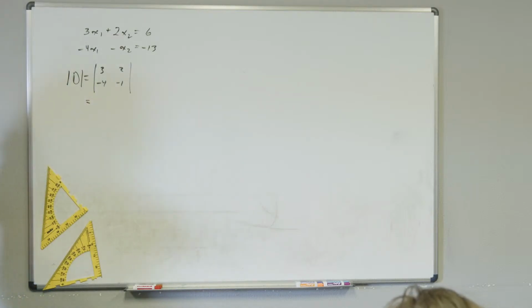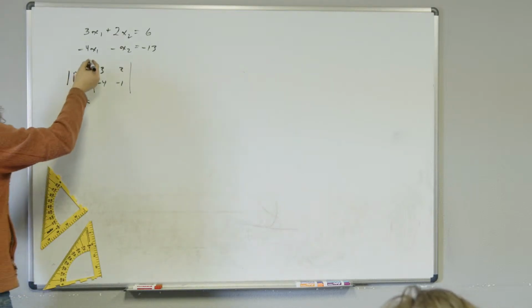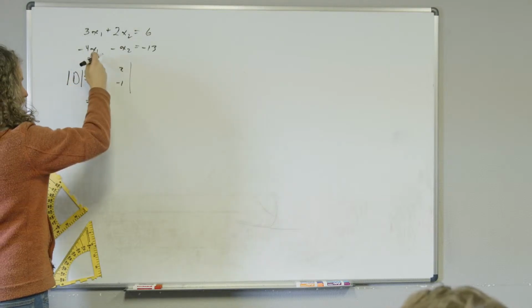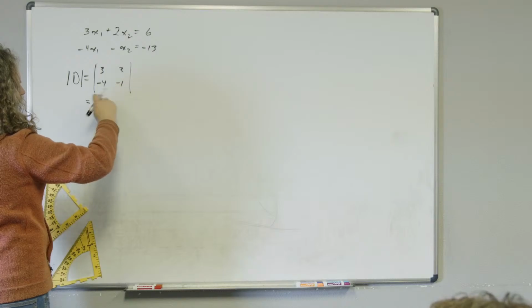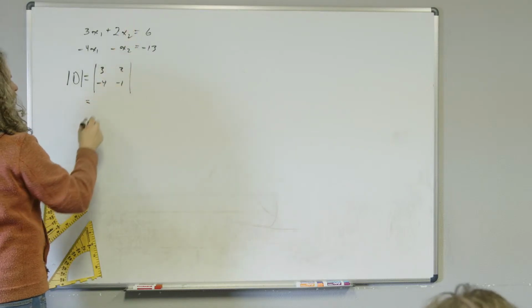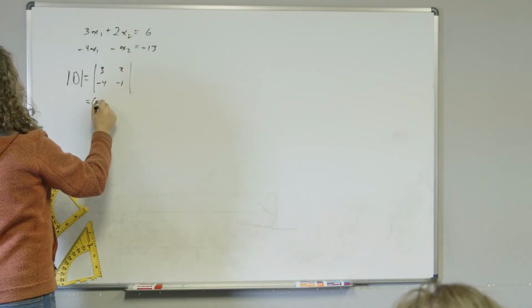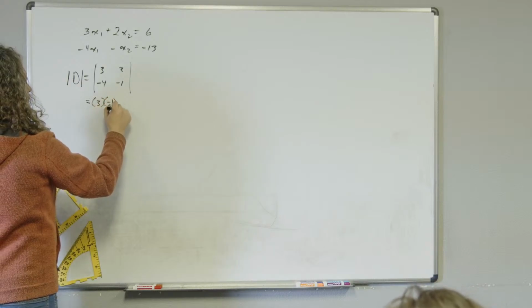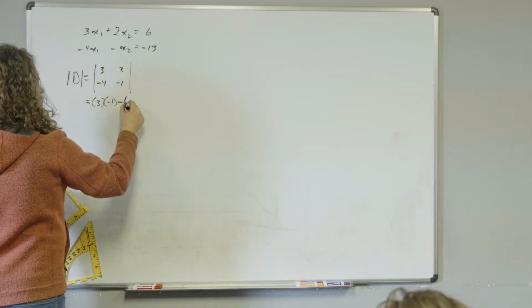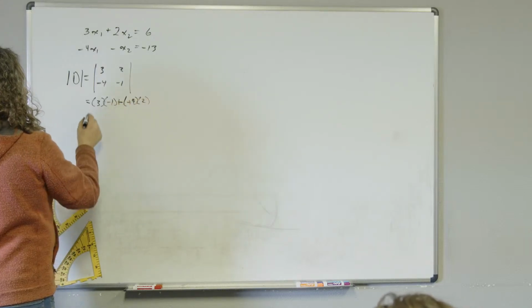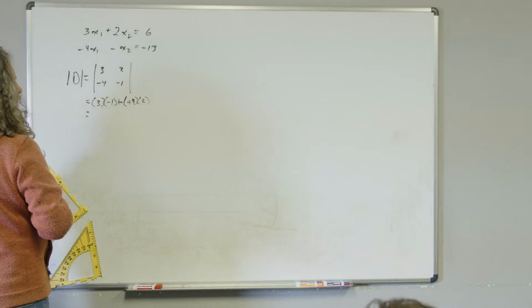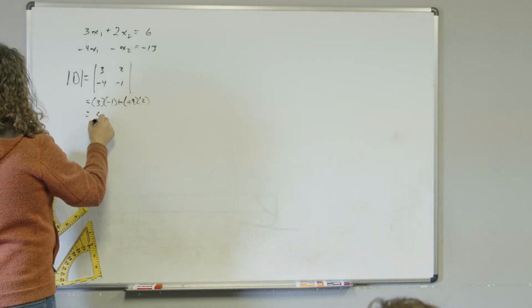We multiply the down diagonal, and then subtract the multiplication of the up diagonal. Written out, that would be 3 times negative 1 minus negative 4 times 2, which would be 5.